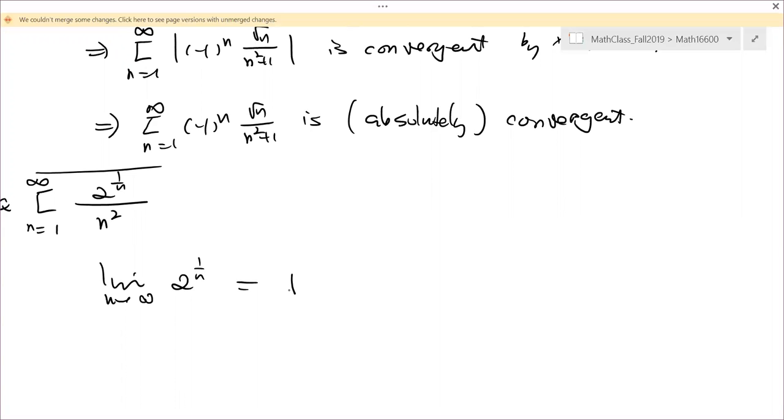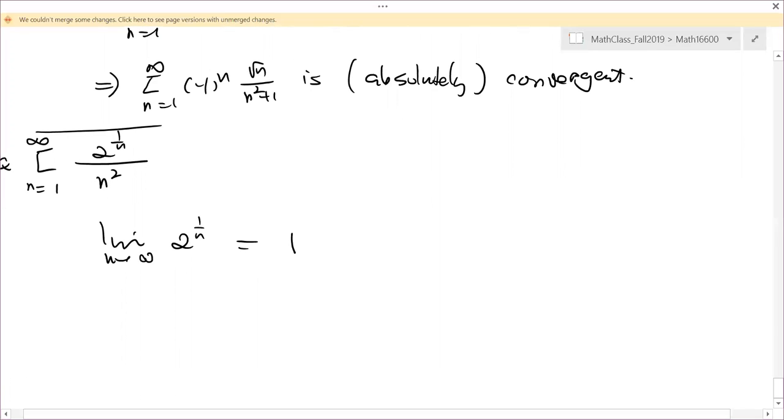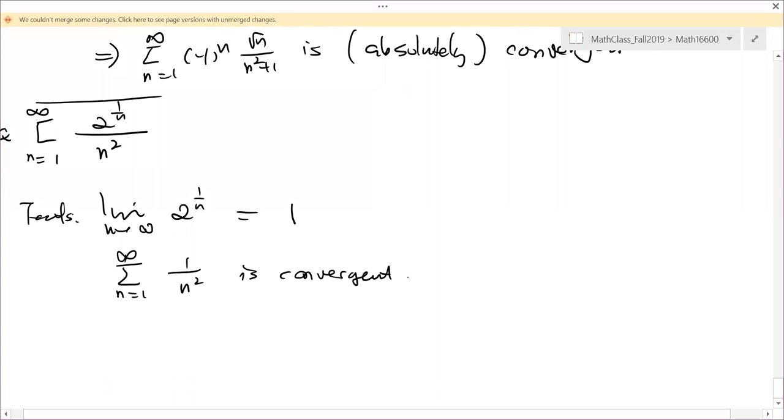Then we also know that there are 2 facts, right? We also know that 1 over n squared is convergent, right? So these are 2 facts. Then how can I use these 2 facts to prove it? I can do the following.